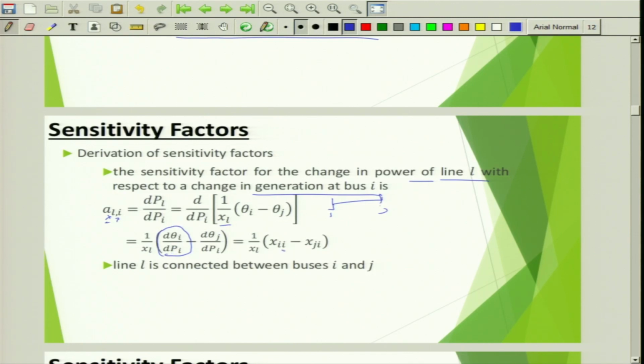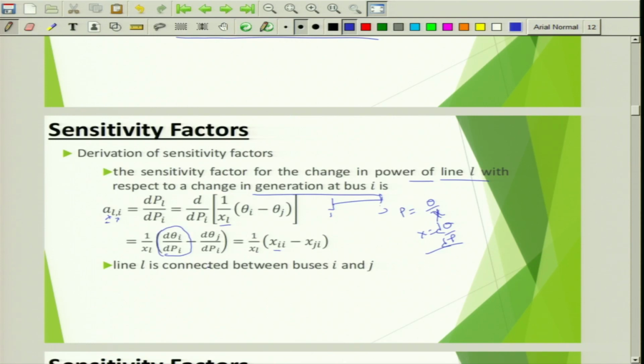This can be expressed in terms of XII, because x is equal to theta by p, the change in theta by the change in p. This is what we are representing.